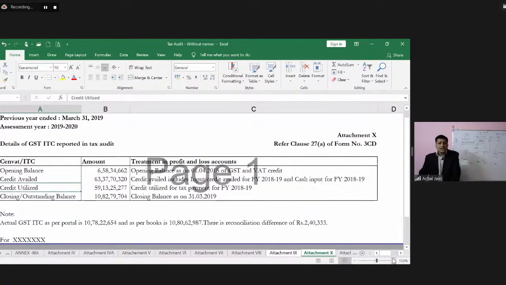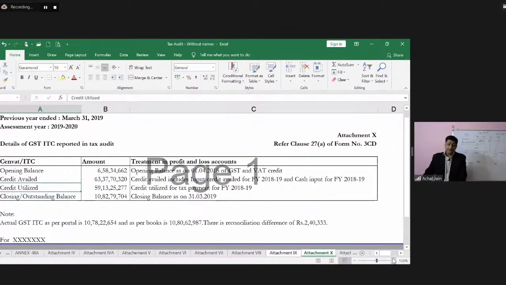in respect of entities which are registered under GST. Most likely for those entities only tax audit will become applicable, because GST also has got certain thresholds beyond which its registration is mandatory, otherwise it's not mandatory, and those thresholds are such that if an entity will cross that threshold, then most likely it will fall under the purview of tax audit, otherwise it will not fall under the purview of tax audit.